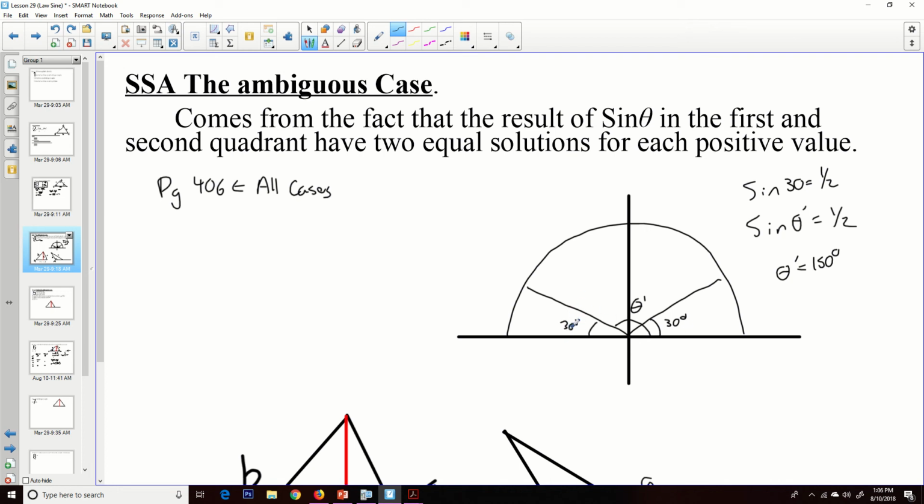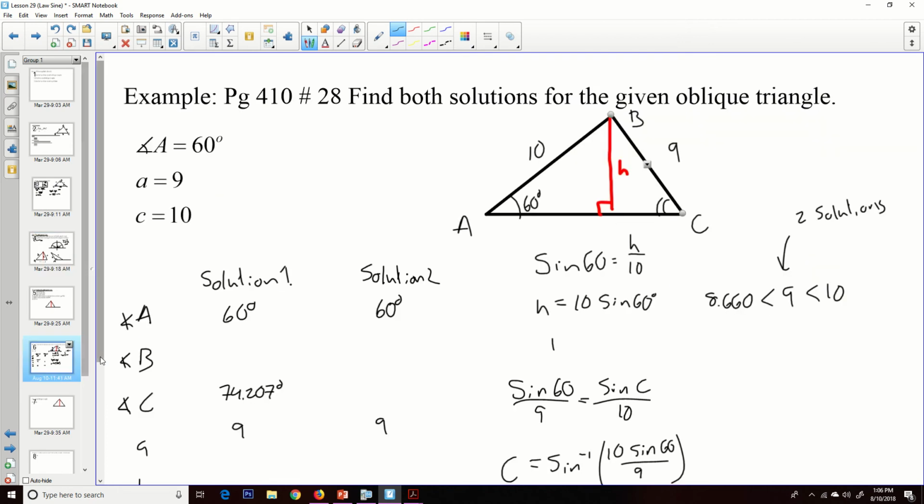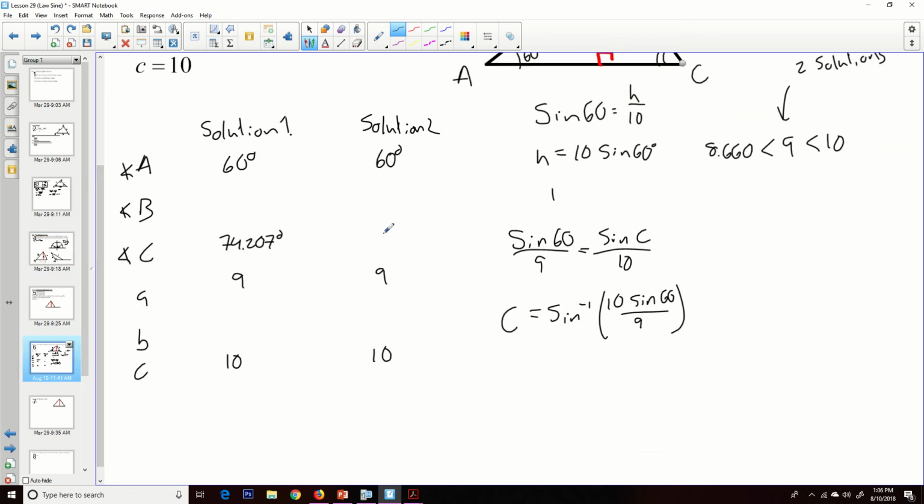If I subtract away the 30 degrees, I'll get the 150 that I had. So to find the second unknown value for this one, I'm going to say, just for the sake of argument, that this value here was 74.207. That's C. And so the second C, we'll call it C prime, is 180 degrees minus the original C.